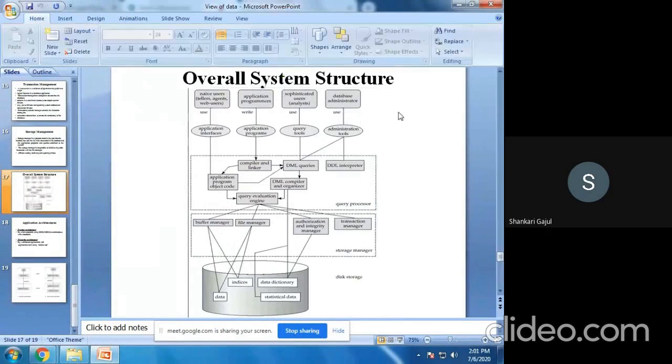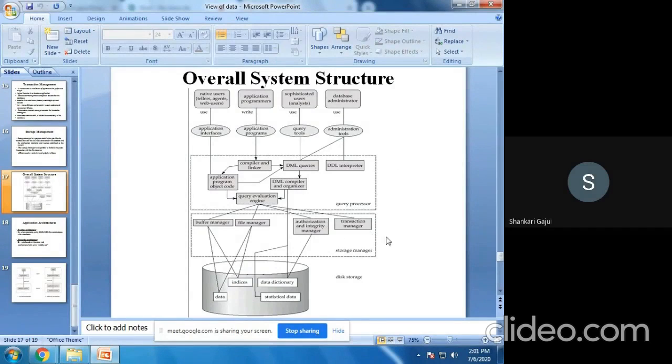This module is for the database users. Database users are present on the top of the structure. Below that, the next level is the query processor module.